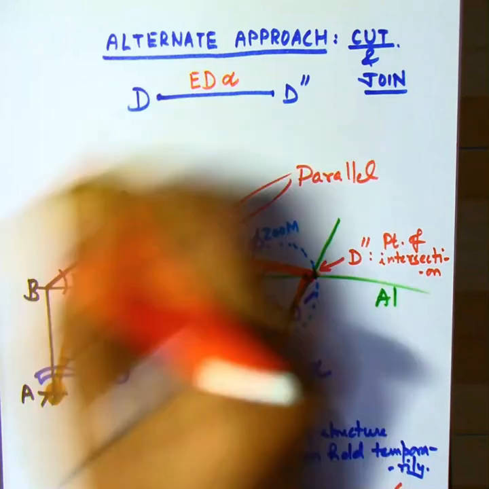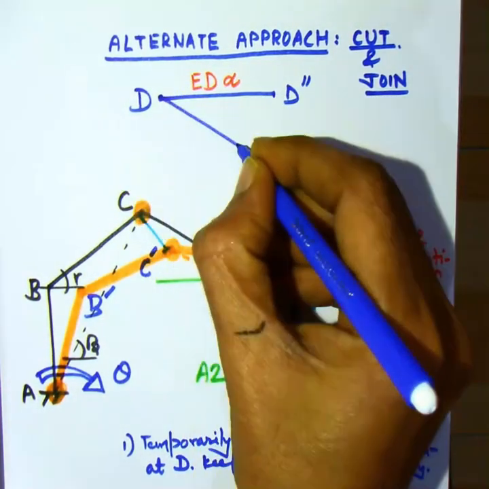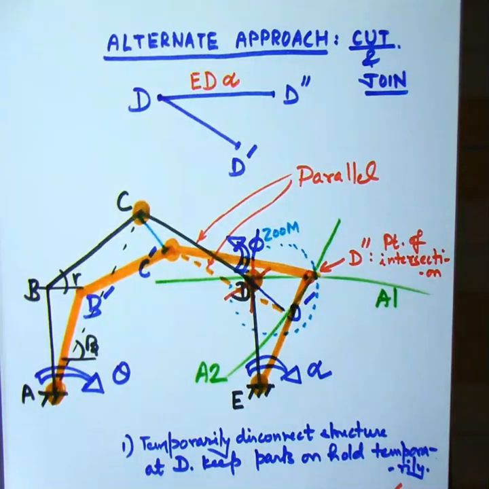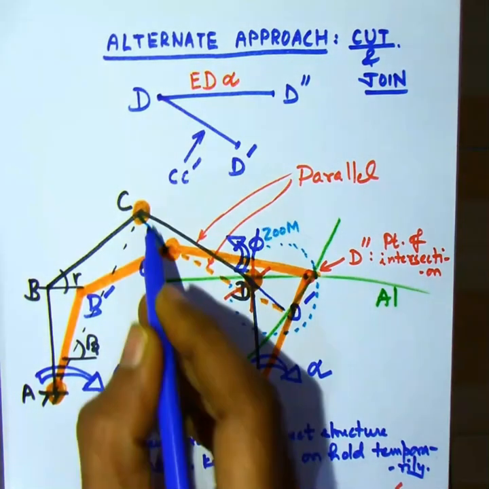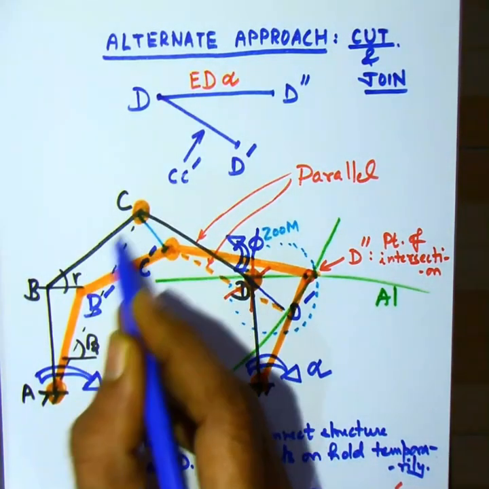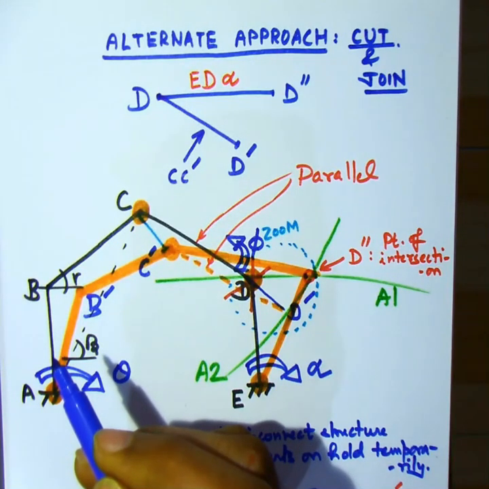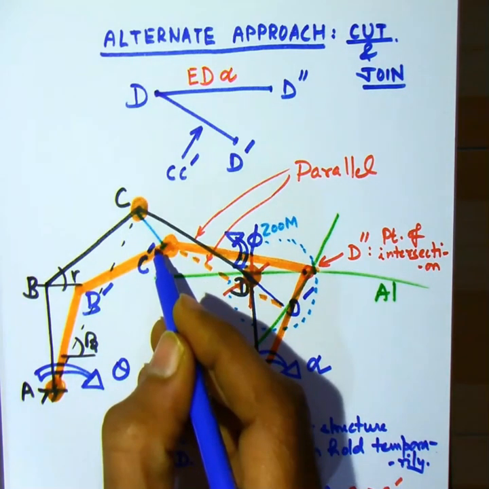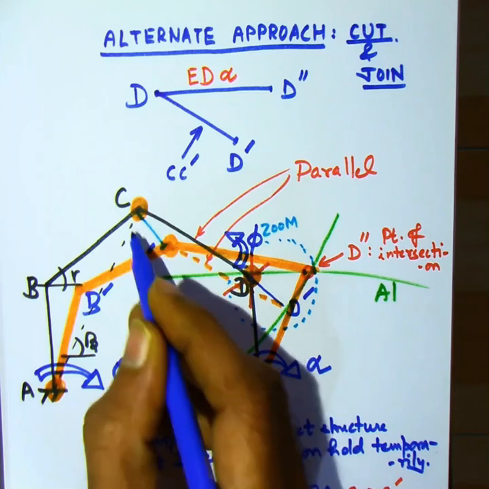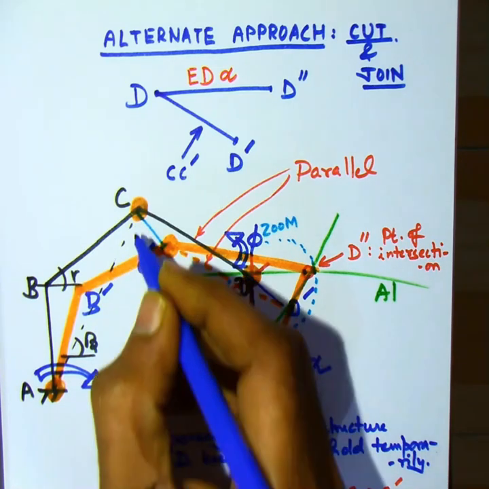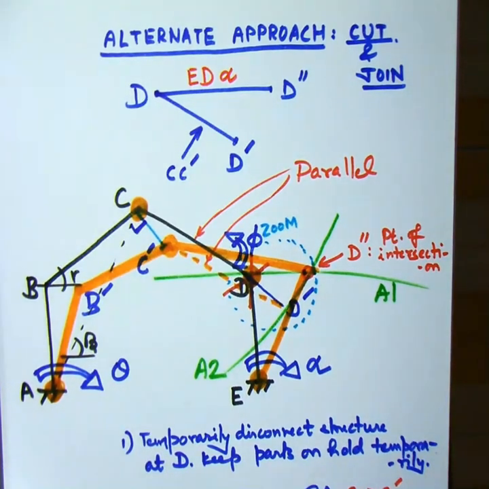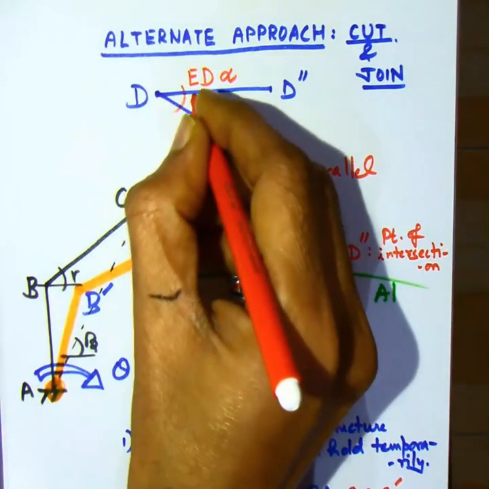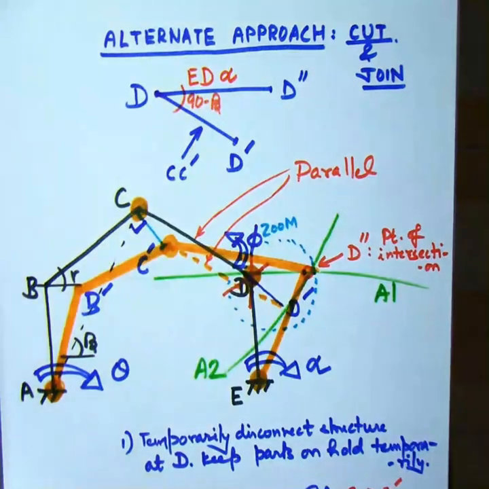So the displacement DD dash is equal to ED alpha, and now we draw the segment DD dash. So DD dash will be normal to line AC, and AC is making an angle beta with the horizontal. Hence, the angle made at the vertex D is basically 90 minus beta.